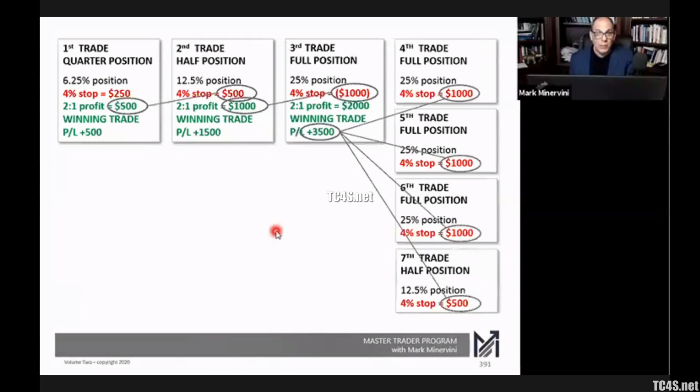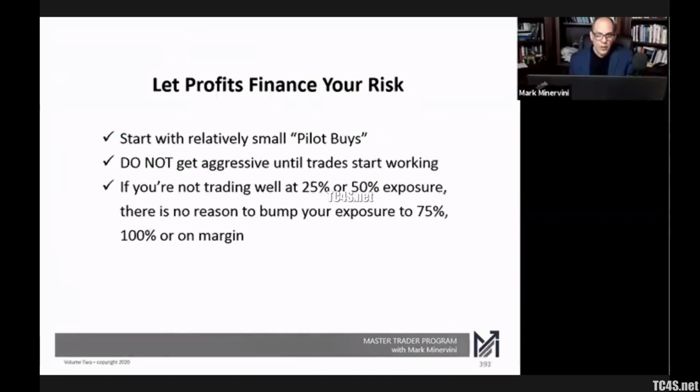If you hadn't taken your exposure down and you start doing the opposite, ramping up your trading and trying to get even, you would have bought right into a disastrous situation. And maybe it could have been even worse. It could have been something like the 2000 bear market, where it went on for years, or a '29 situation. So the key is to try to trade at your largest when you're trading your best, and your smallest when you're trading your worst. You're going to use profits to finance your risk.